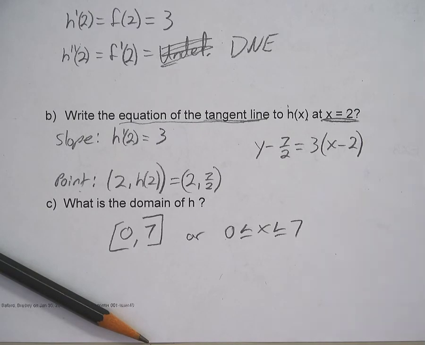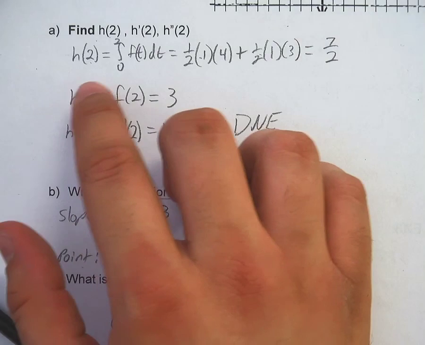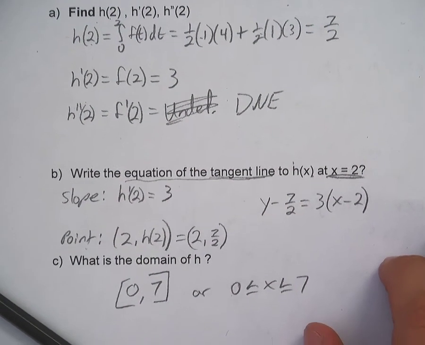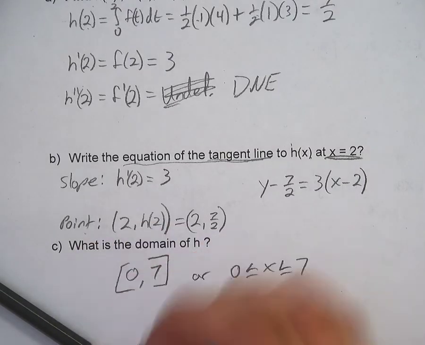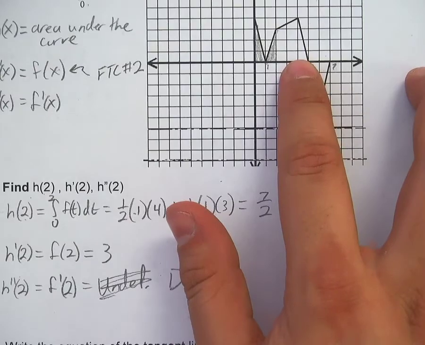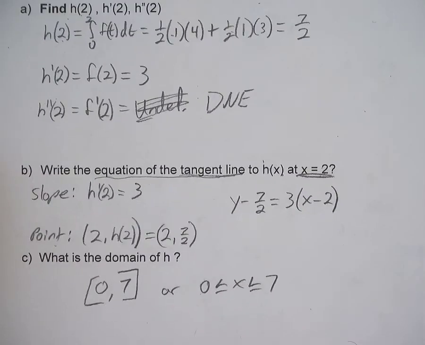A restriction would say integrate it from a certain point to a certain point, kind of like letter A right here, 0 to 2. Well, that would restrict my domain, sure. But it says, what's the domain of H overall? The whole picture of H comes from the area under this curve, and the curve is defined from 0 to 7, so there's my domain.